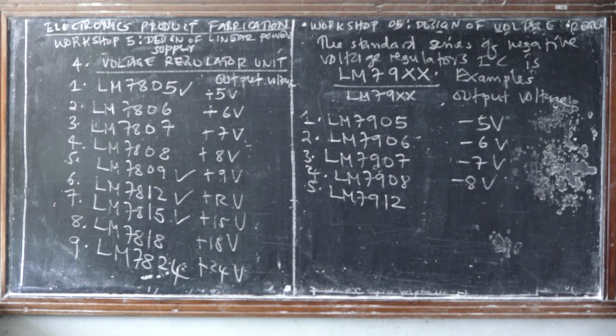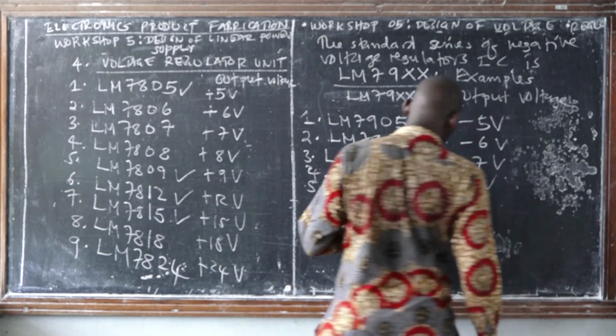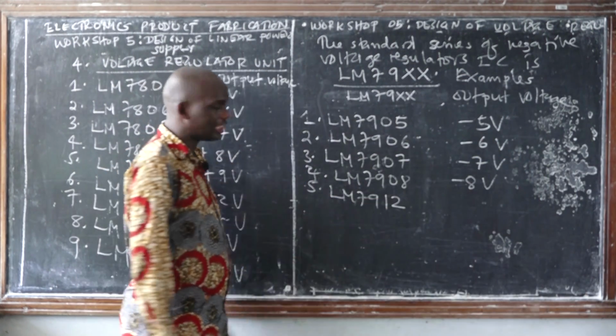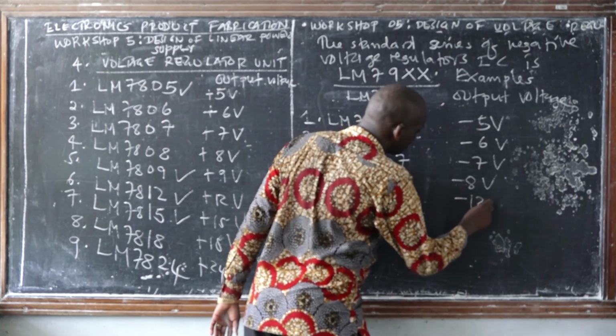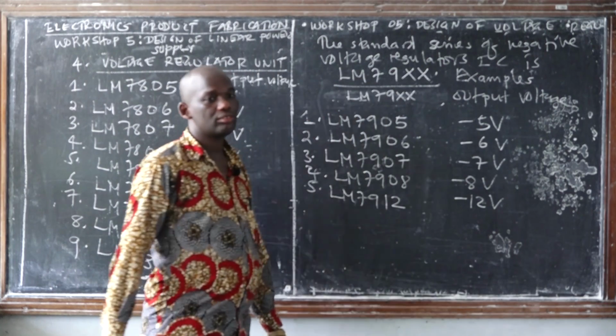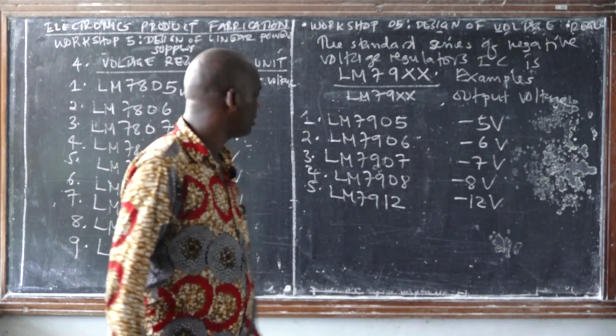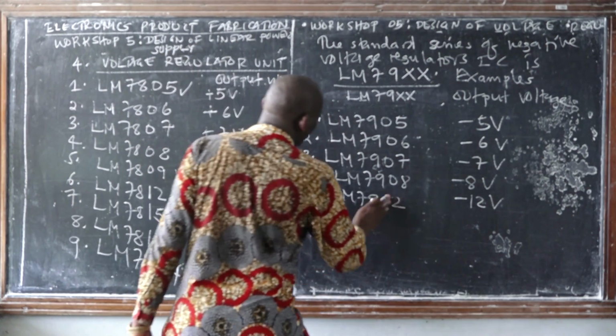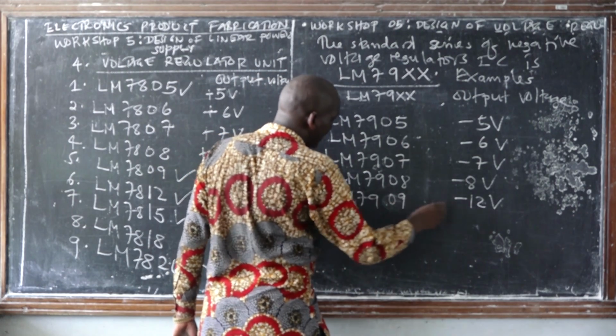Next is what? Suleiman, this provides what? Negative 12. Negative 12 volt. 09. Okay. So now Johanna is in the class.